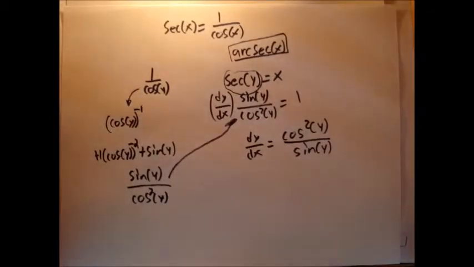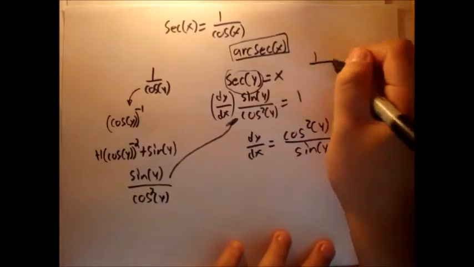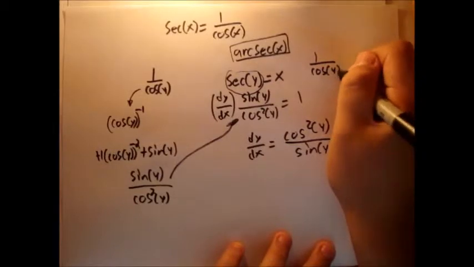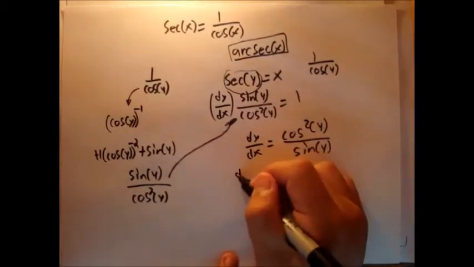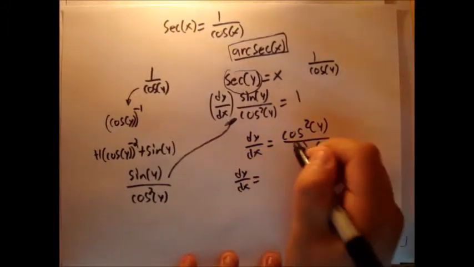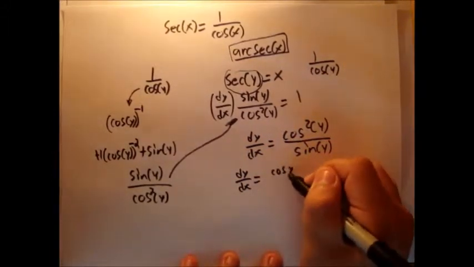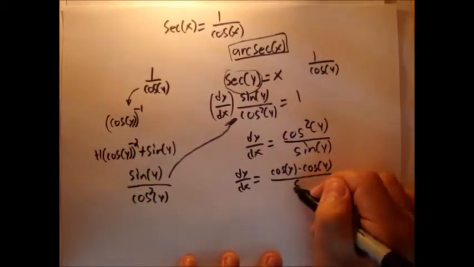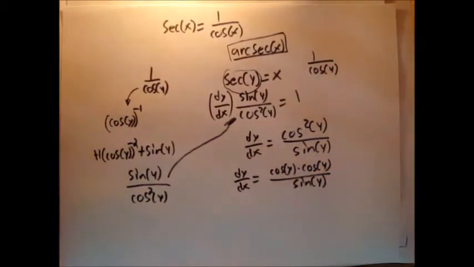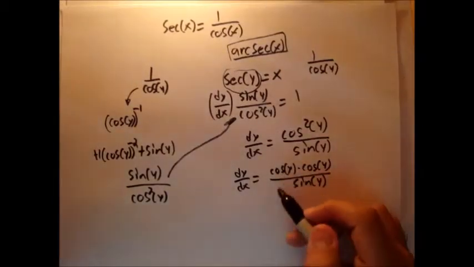Well, I asked myself, sec of y is the same thing as 1 over cosine of y, right? Here we have a cosine of y. Is there any way we can change it? Let's first split it, because it's squared. It's the same thing as cosine y times cosine y, right? I did that because I can bring this cosine of y down.